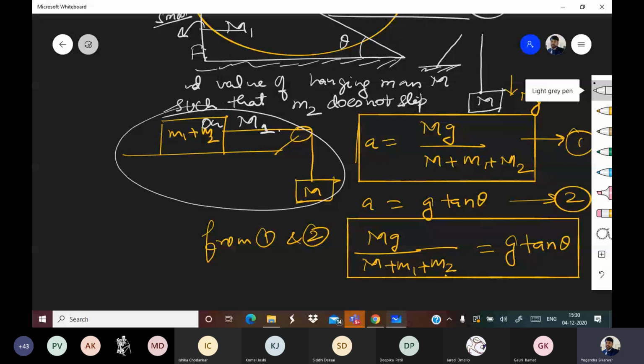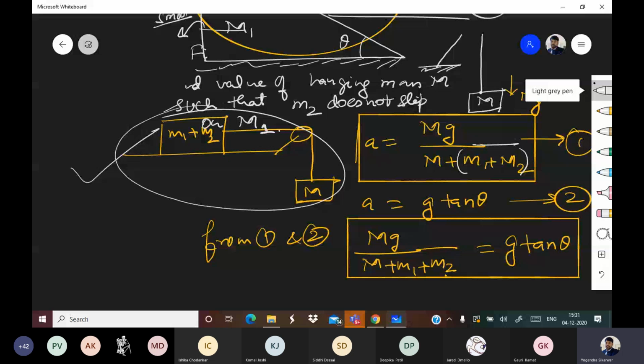So this is the acceleration in case of a horizontal mass and a hanging mass. So when one hanging mass and another horizontal mass are there, acceleration is given by equation 1.